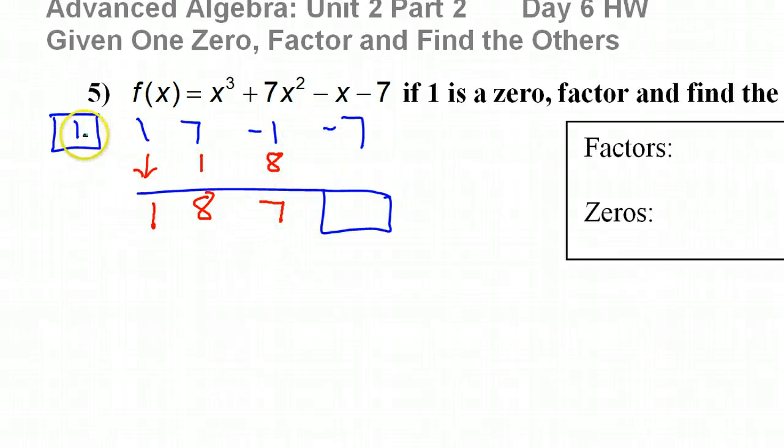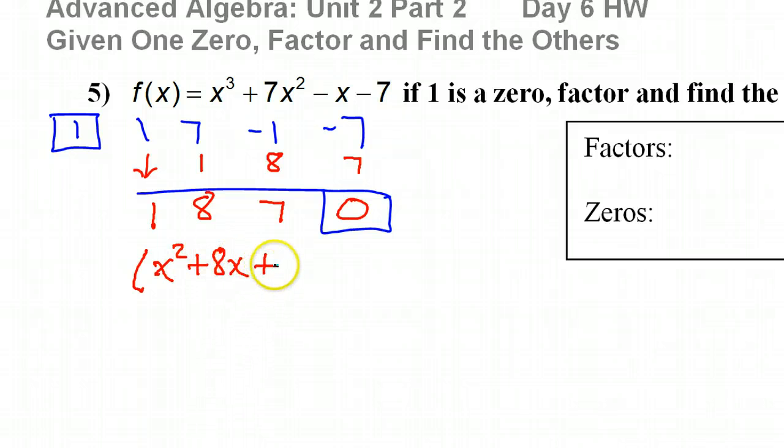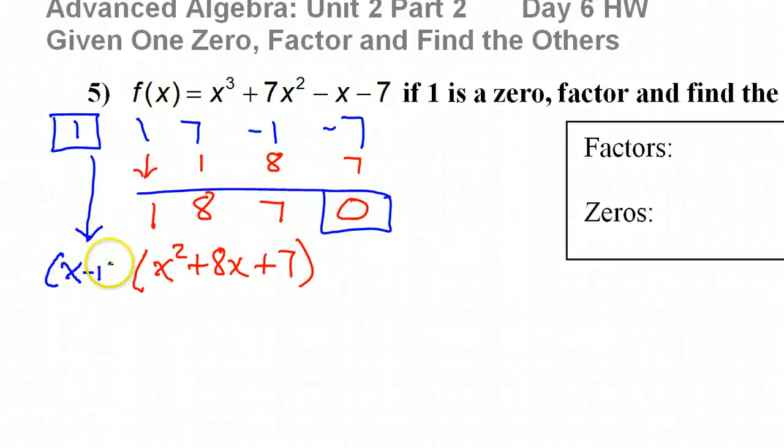That's 7. 7 times 1 is 7. That's 0. Writing this as a trinomial, I have x squared plus 8x plus 7. This 0 of positive 1 gives me a factor of x minus 1.